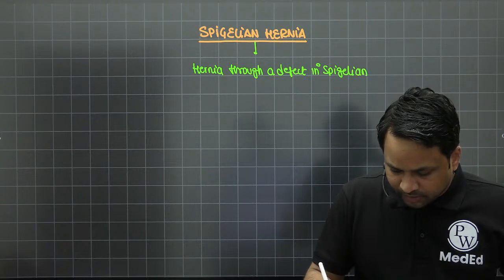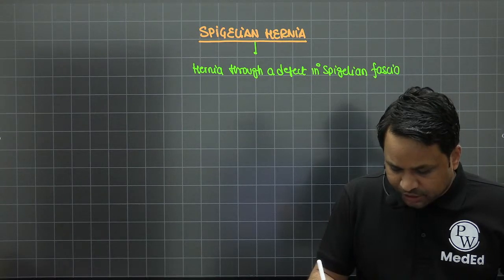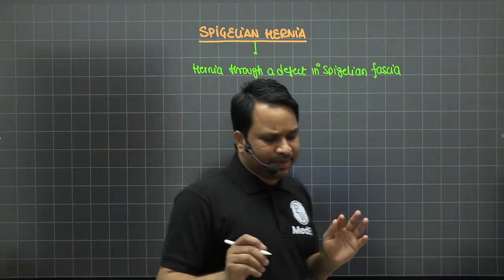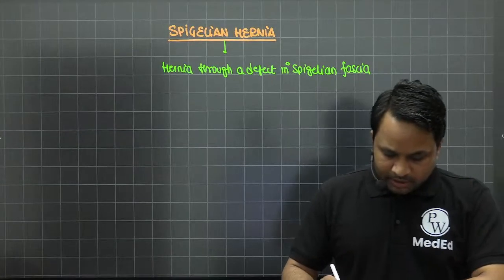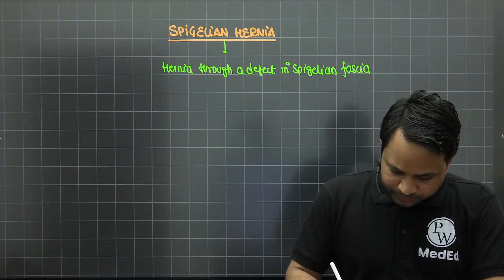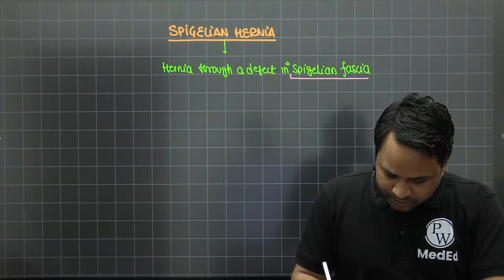So it is a defect in the Spigelian fascia, and that defect is resulting in Spigelian hernia. Now the immediate question is, what is this Spigelian fascia?